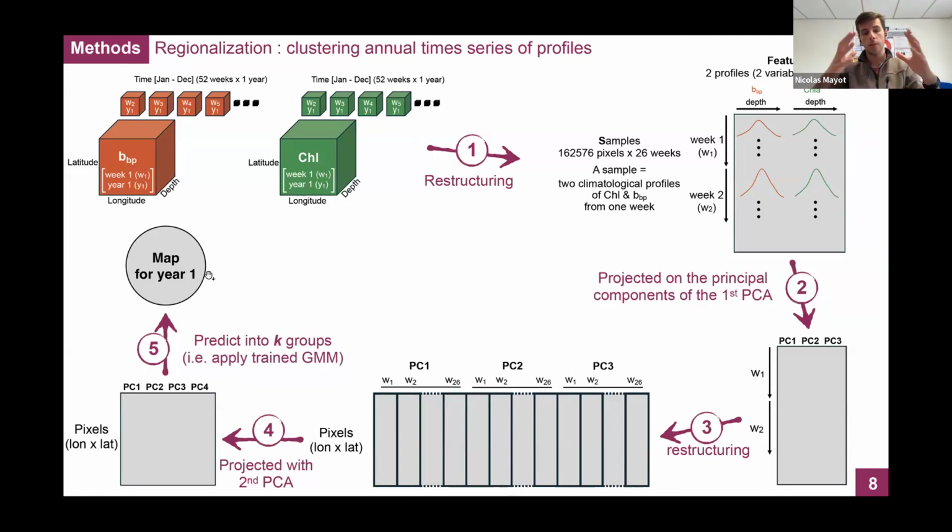So to synthesize, I have 1 climatological map of the Southern Ocean, and I also have 1 map for each year, which allowed me to study the internal variability. And I'm going now to present some results out of this method.